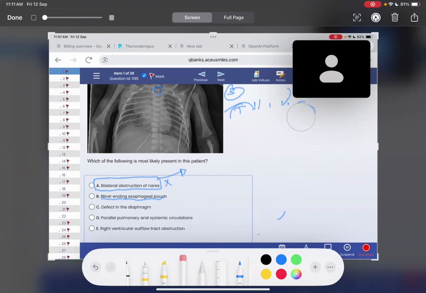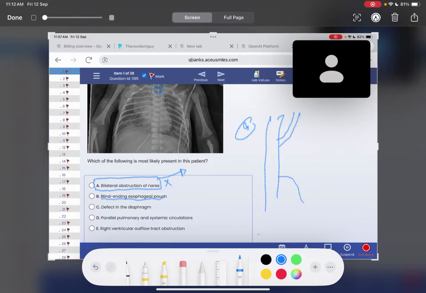Okay, this is the third type. And what's the fourth type? The fourth type is esophageal atresia with both a proximal and distal fistula. Here is your trachea and fistula, proximal and distal.